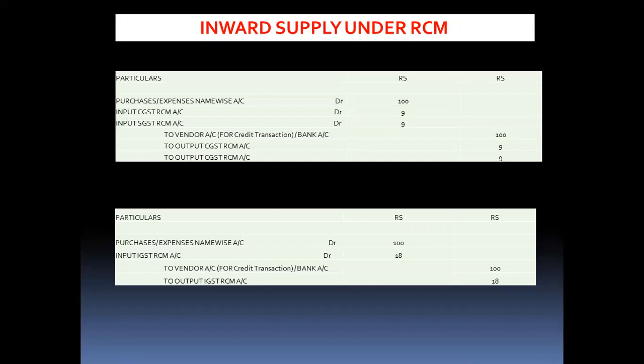So the accounting entry for intrastate supplies will be purchase account or that particular expense account debit, input CGST RCM account debit, input SGST RCM account debit, to vendor account in case of credit transaction, or bank account in case of payment, to output CGST RCM account, to output SGST RCM account.